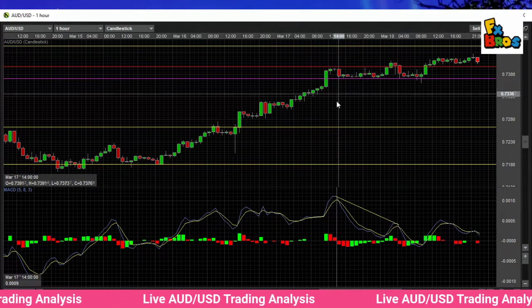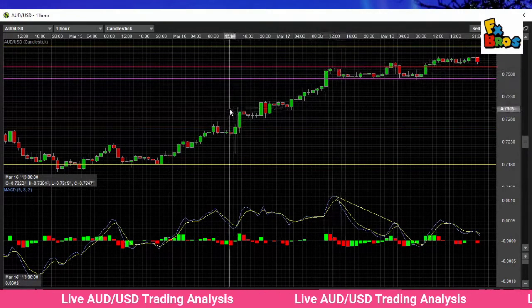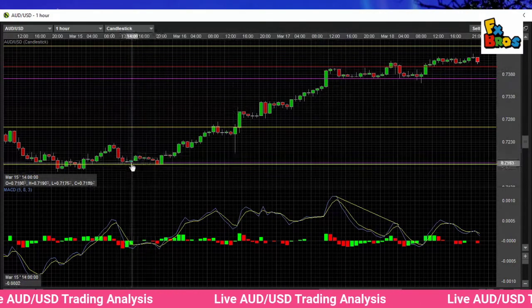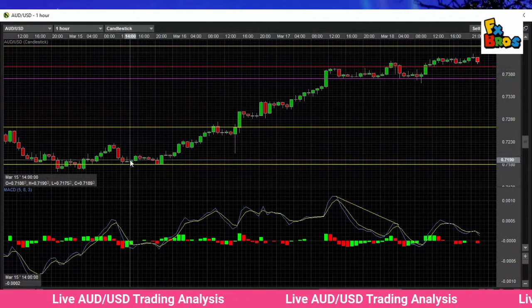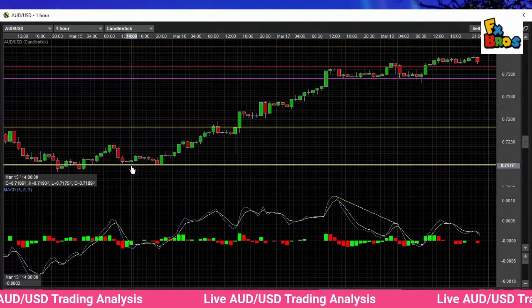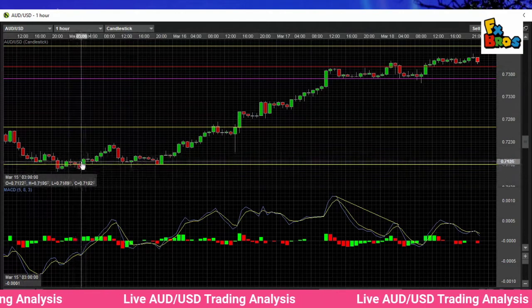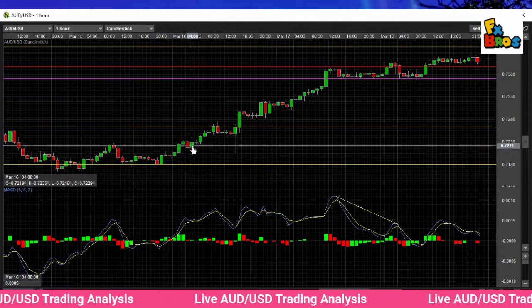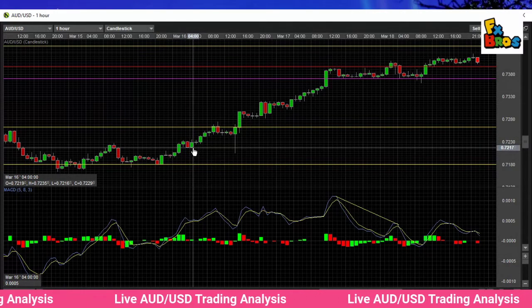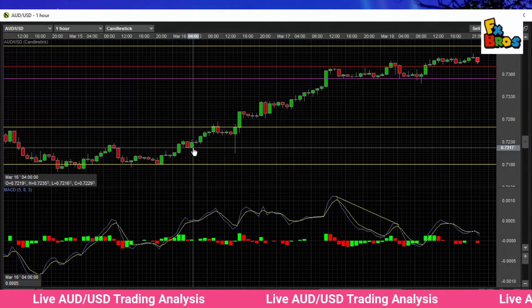That's what they call it, higher lows and lower highs. So this right here is a lower high because it's lower than this swing point. And this is a higher low.